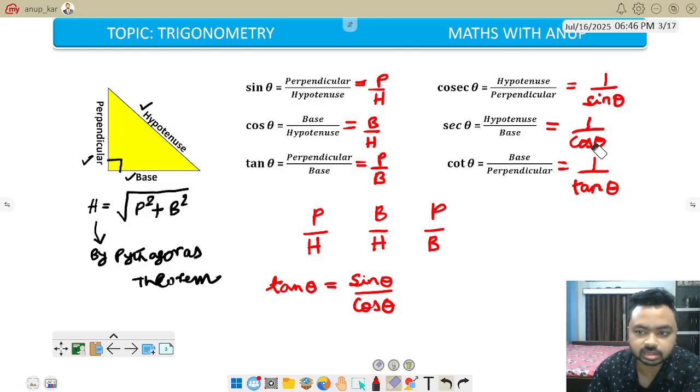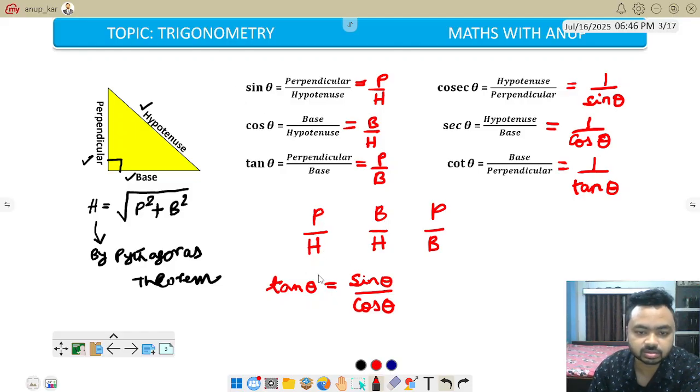So this is the basic understanding. Once again, with this formula we can understand a shortcut trick to remember the ratios: Pandit Bhola Prasad Hari Hari Boliye. P by H is sin theta.